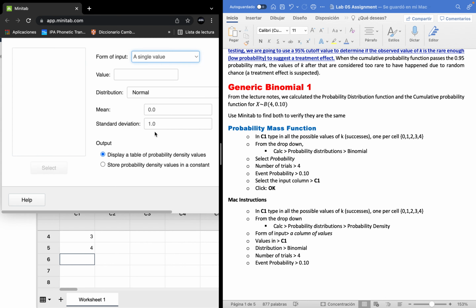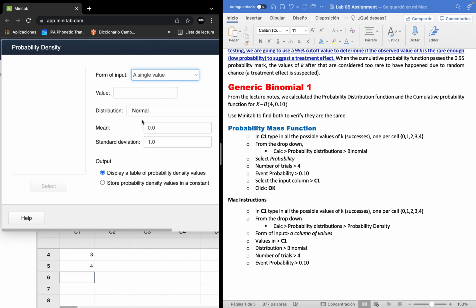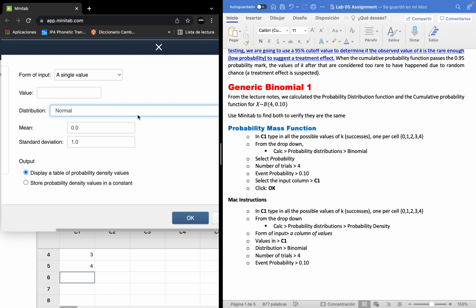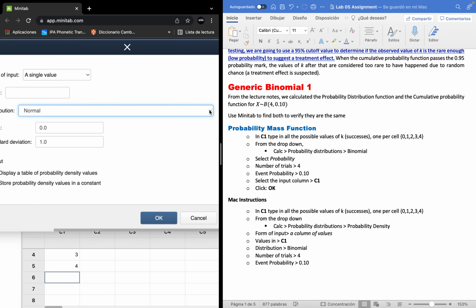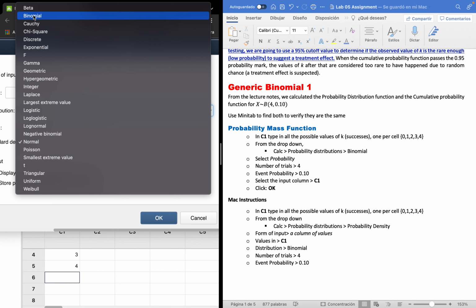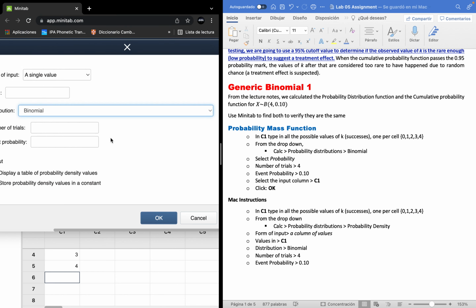Then we have to choose where it says Distribution. Click here and choose Binomial. See? It's one of the first ones.